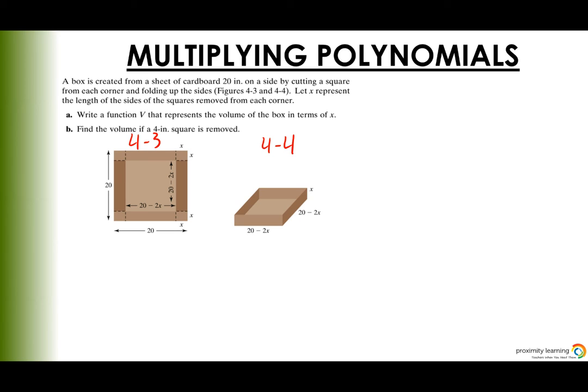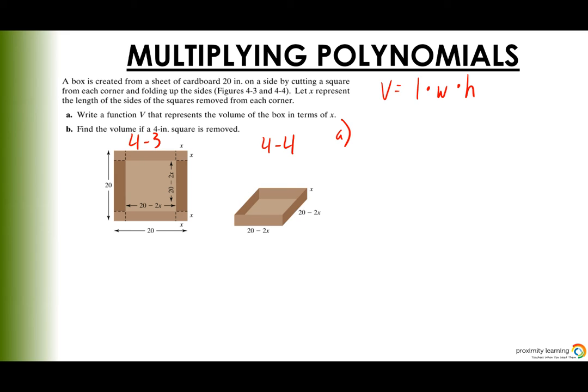So taking a look at this, we're going to create an expression and then we're going to solve it. So for a, if you recall, v or volume is length times width times height.